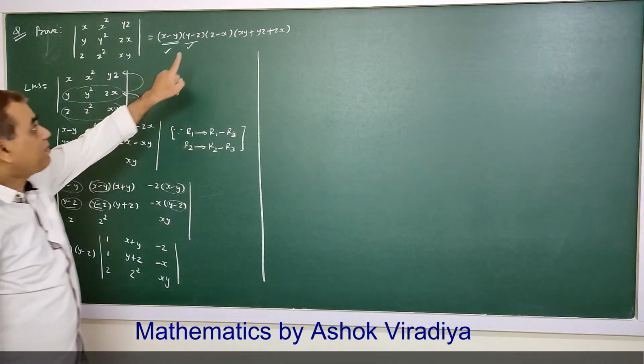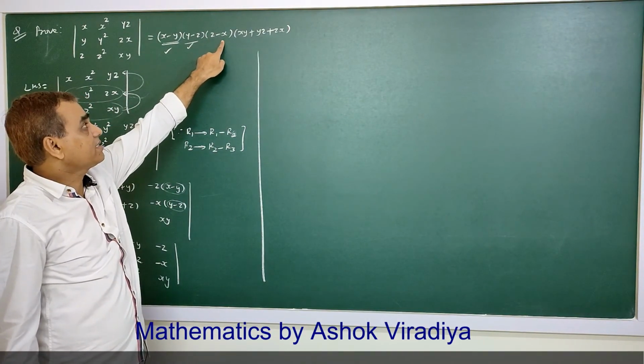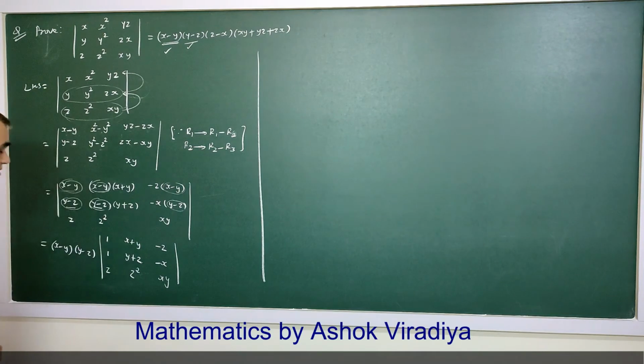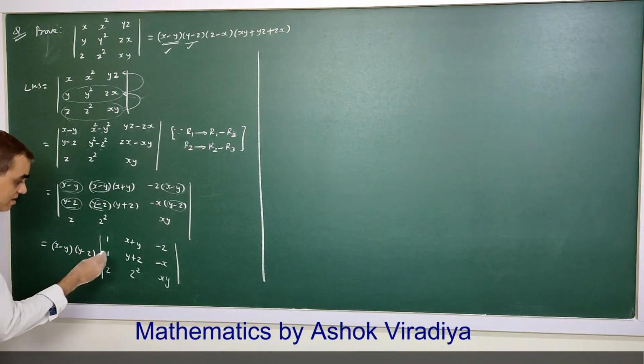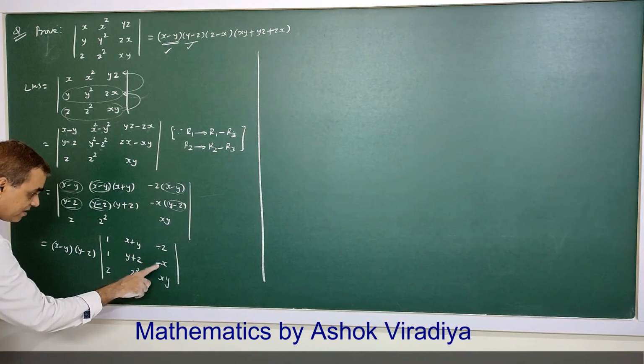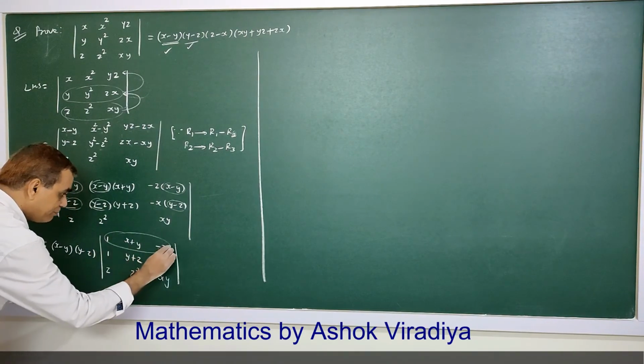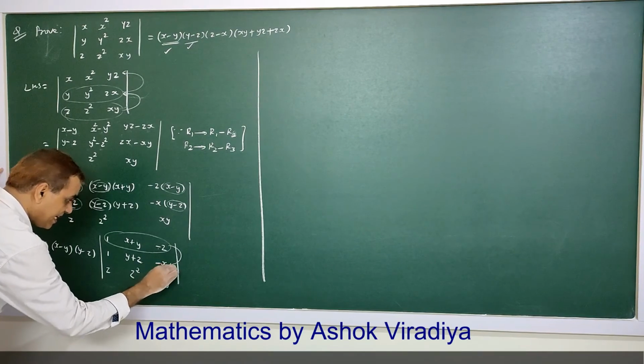Now focus on this part. Now we want z minus x. So see, to get z minus x, here this is minus z, this is minus x. So what we do? First row, I am subtracting in second row.